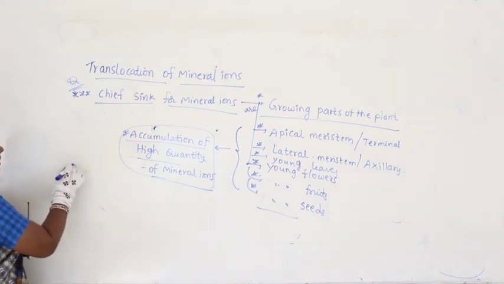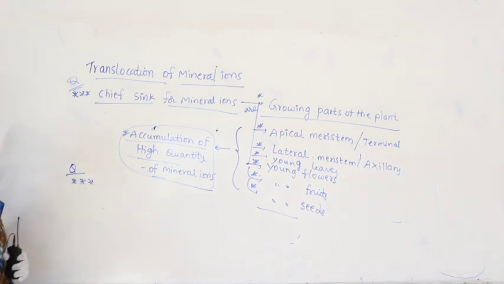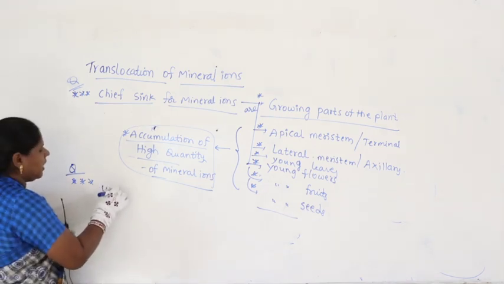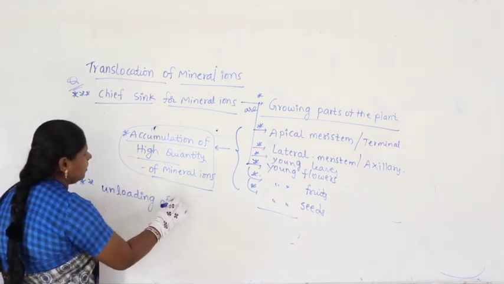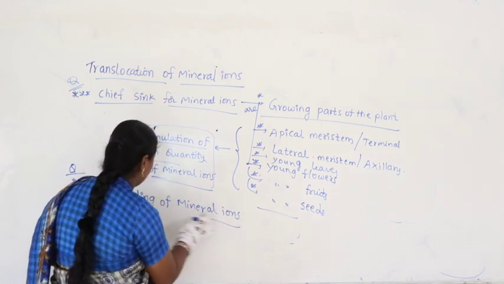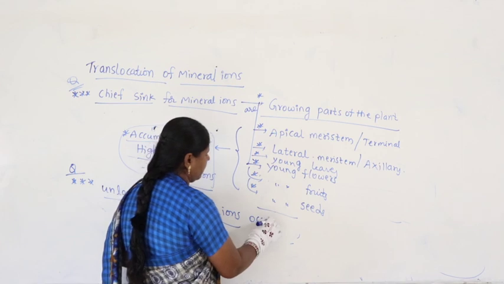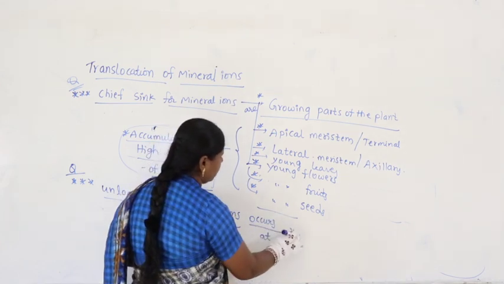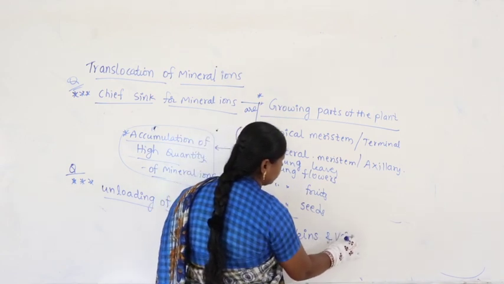Similarly, let me have another point also, it is very important, and there is a chance to get it in the form of a question. Whenever you get the statement that unloading of mineral ions occurs at veins and veinlets.